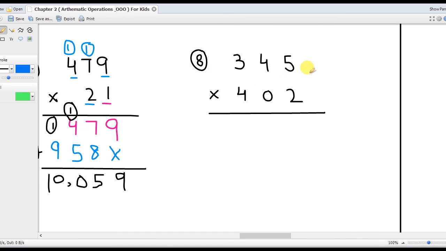So 345 times 402. So I'm going to multiply 345 with this 2 first. So start multiplying. 5 times 2 is 10. 1 carry. 4 times 2 is 8 plus 1, 9. And 3 times 2 is 6.